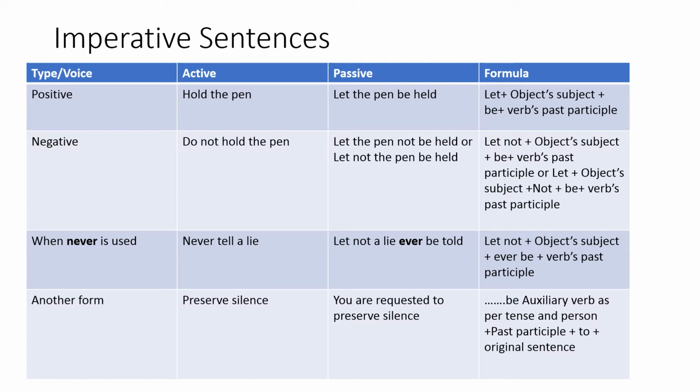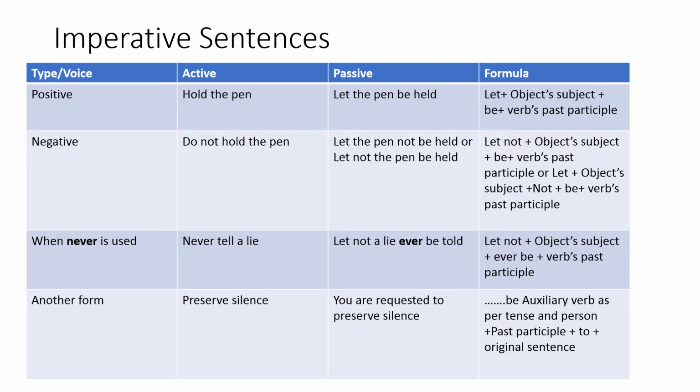If you want to change any imperative sentence, the basic formula is you'll have to bring a new word, that's "let." Then comes subject, object, and the rest is written over there. Now let's juxtapose all the things. In my active sentence, "hold" is the main verb, "the pen" is my object.